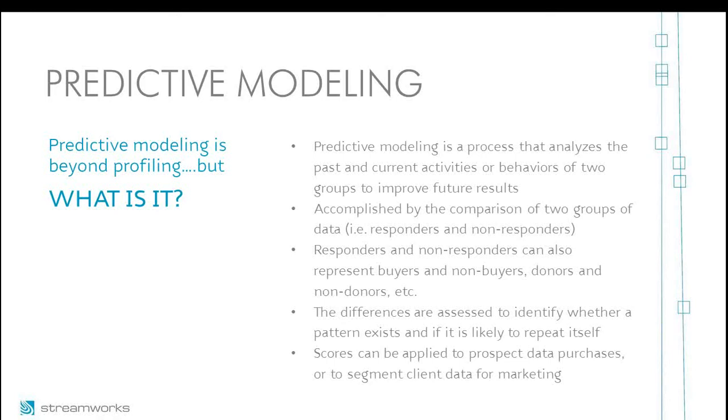So responders and non-responders, as I mentioned, it can also be buyers and non-buyers. And then in the nonprofit world, it can also be donors and non-donors. And then the scores are applied to customer data. If somebody has a large customer file, 100,000 records, and they've been mailing to it for some time, and maybe they're seeing declining response rates, the predictive model is going to allow us to run a model and then score their data and say, you don't need to mail to these folks here at the bottom.